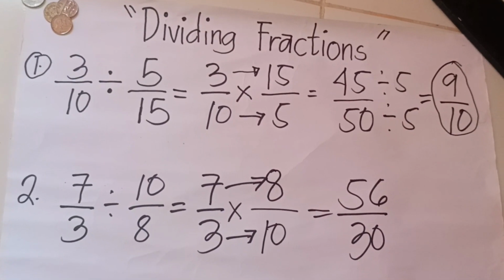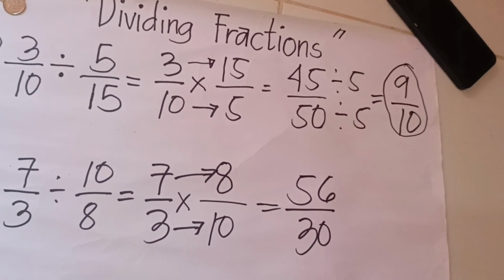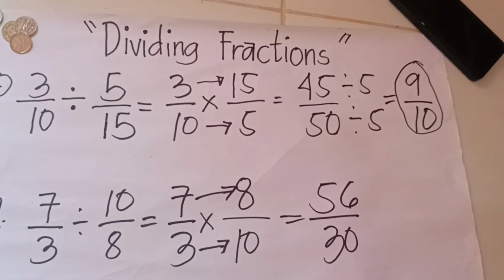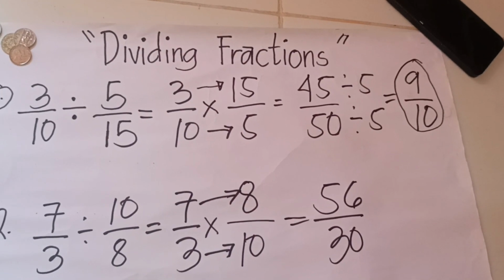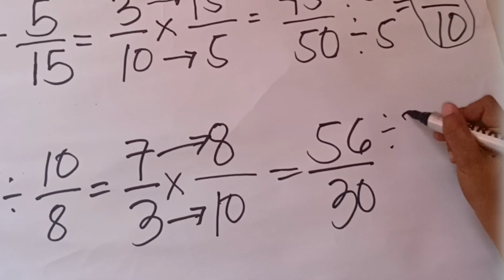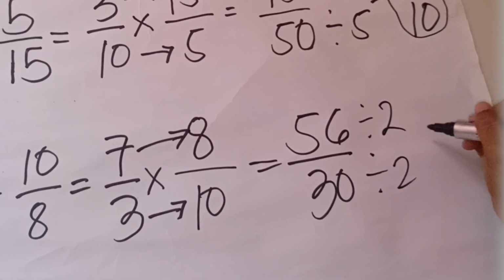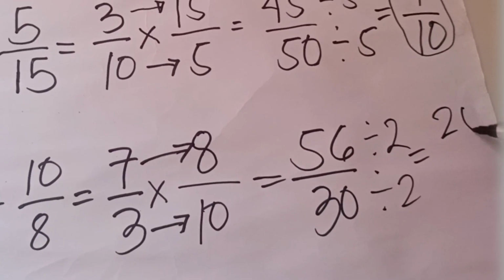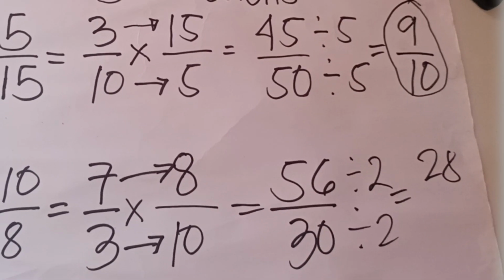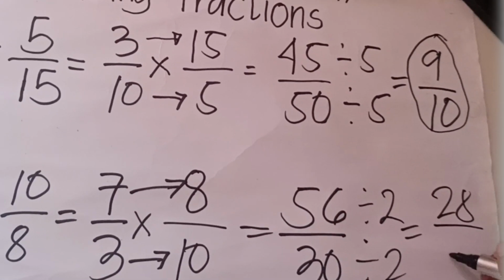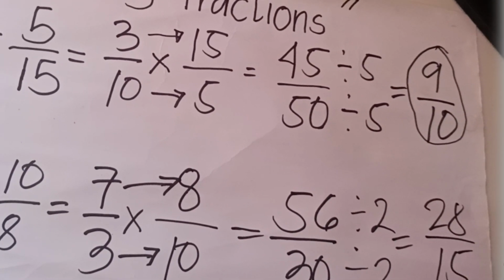As you can see, we can still simplify 56 over 30 by dividing the numerator and denominator by 2. So 56 divided by 2 is 28, and then 30 divided by 2 is 15.